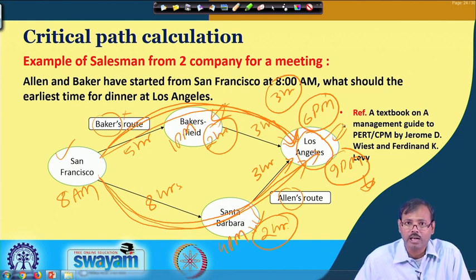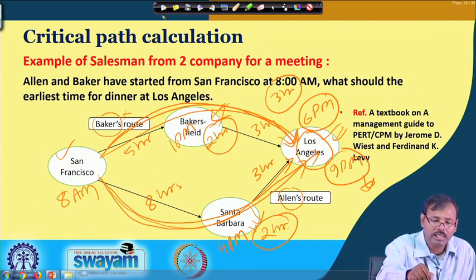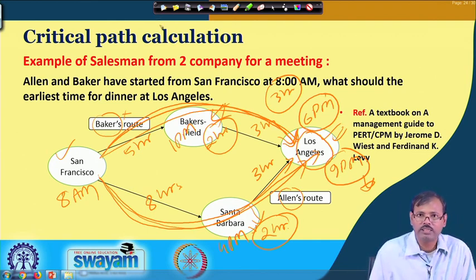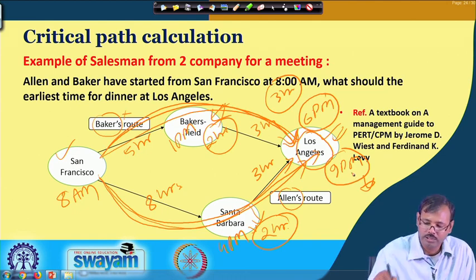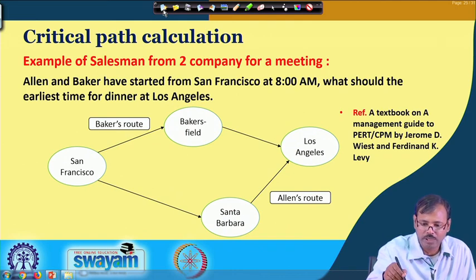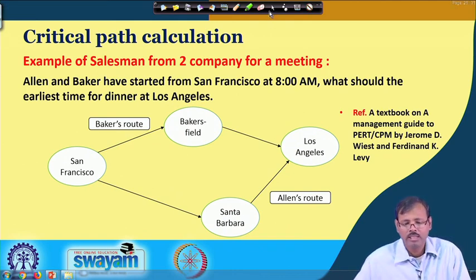The earliest possible time to arrange that meeting is 9 p.m., not 6 p.m. So, this analysis reveals that the earliest possible time for completion of the job is 9 p.m., not 6 p.m. So, this is called critical path analysis.